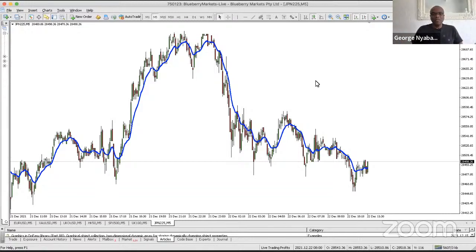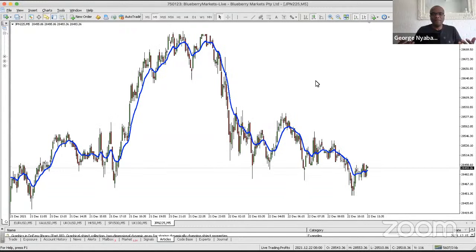And that for me was just such a beauty because it took a bit of work off me. If I put the 10 EMA on, I don't have to go and draw trend lines again because they're almost overlapping each other.